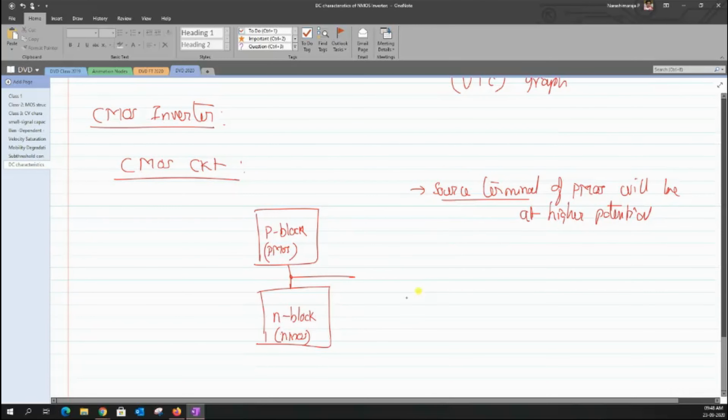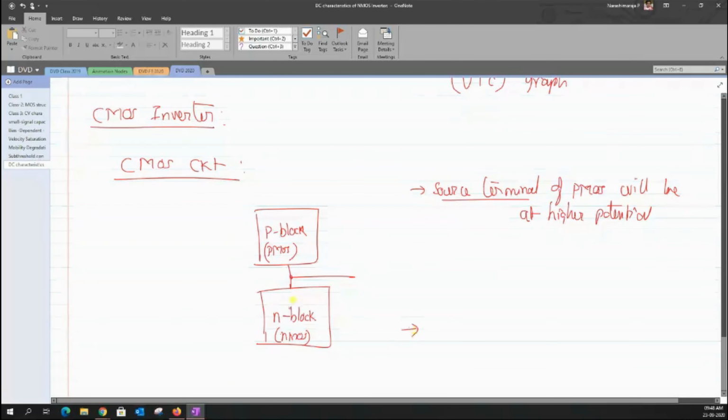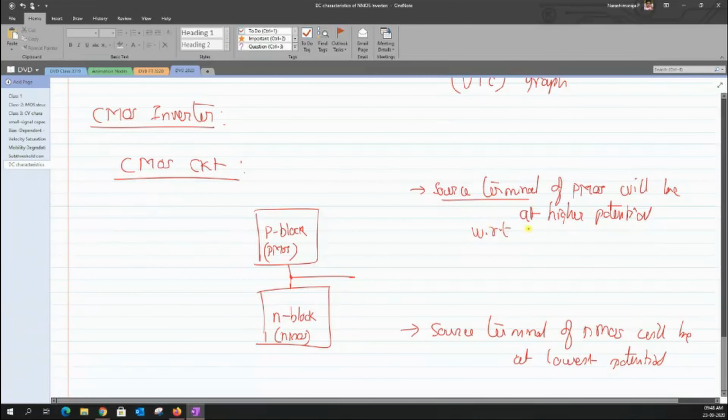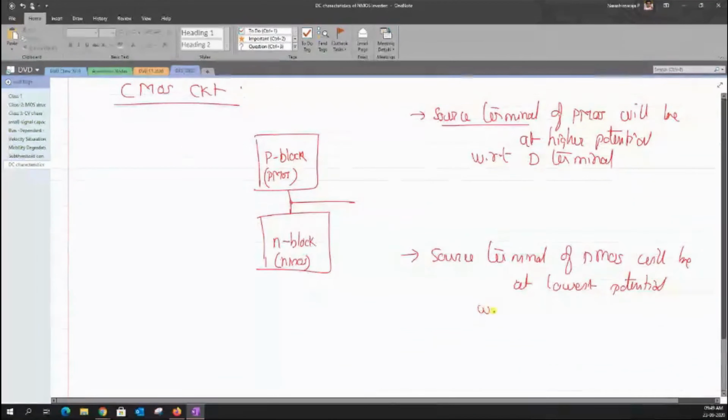On the other hand, the source terminal of the NMOS will be at the lowest potential compared to the drain. These statements are with respect to the drain terminal.